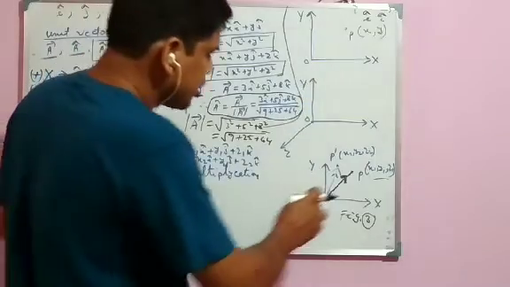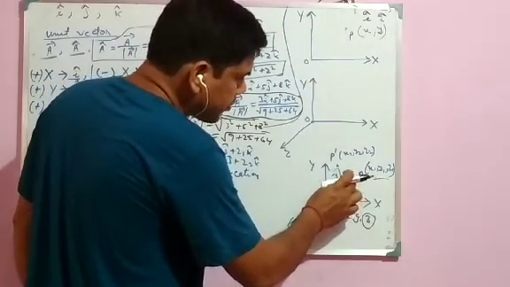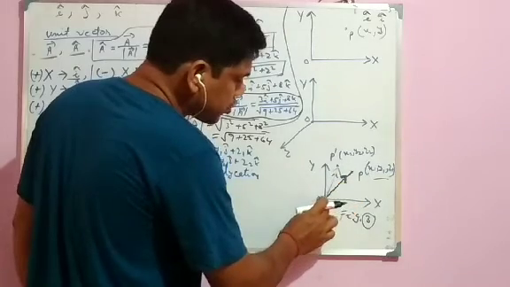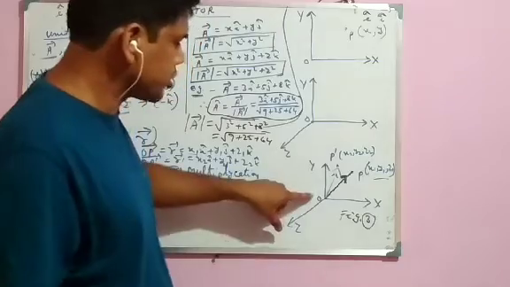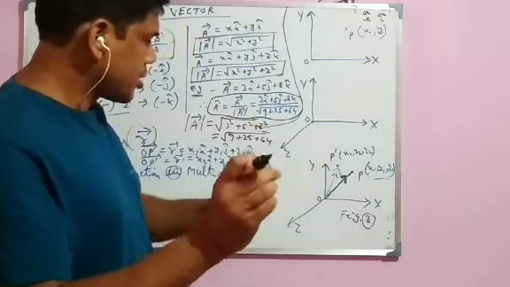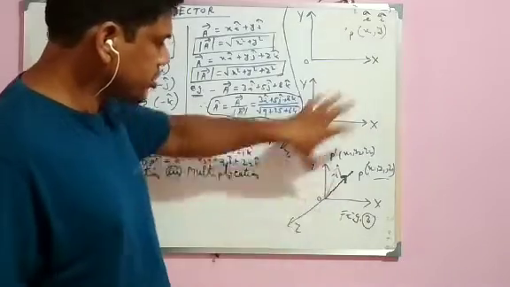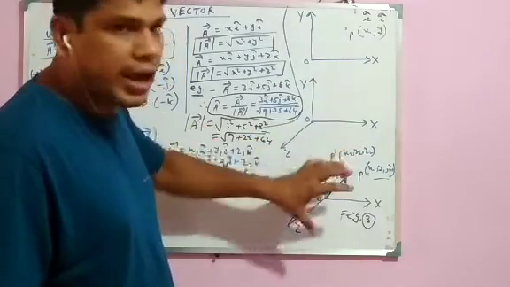So why is it called a vector? See, the direction of point P with respect to point O is along this direction, and the direction of point P dash with respect to origin O is along this direction. So every point in this 3 coordinate system has a particular magnitude and direction.